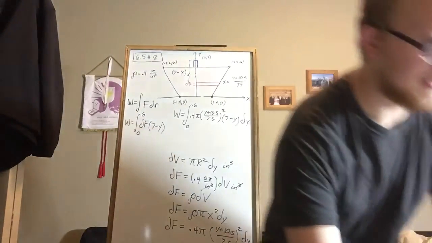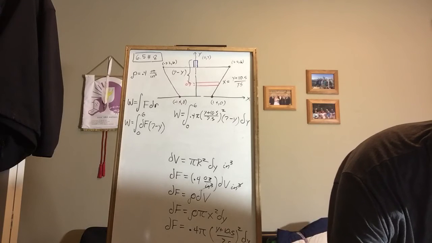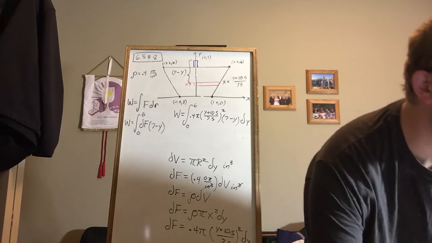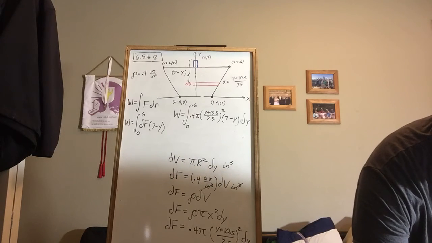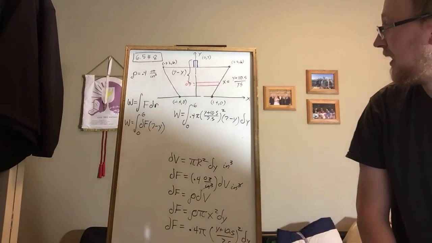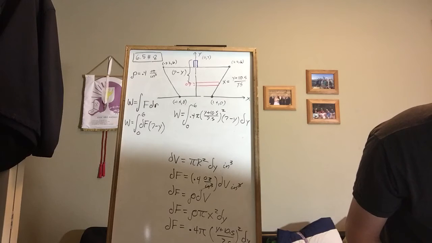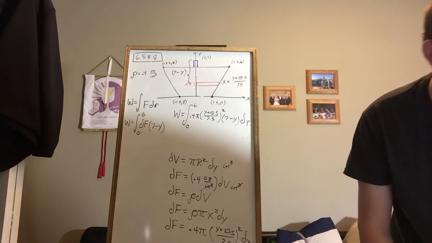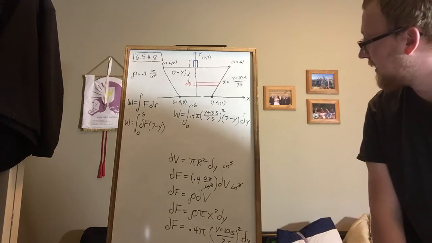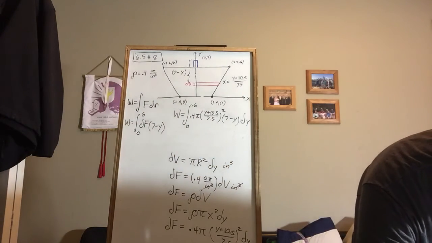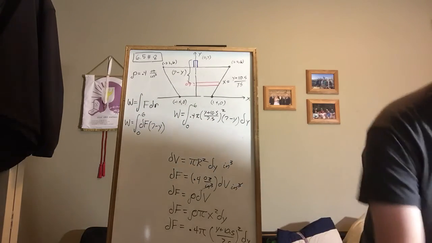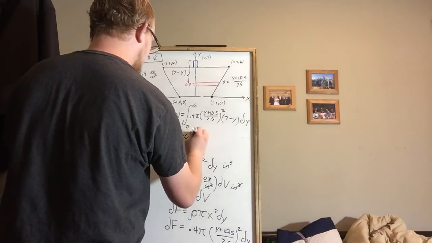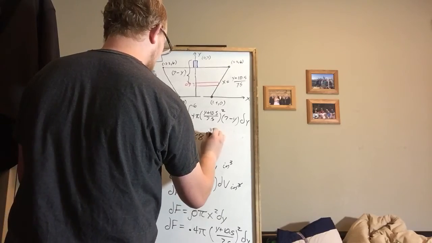And now I'm going to plug this into Symbolab. And yes, so we have 0.4 pi times ((y plus 10.5) divided by 7.5) squared times (7 minus y) dy. And when we plug that in, it solves the integral and says work is approximately 88.5.